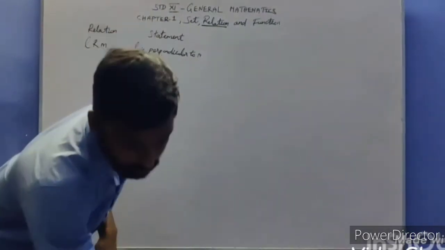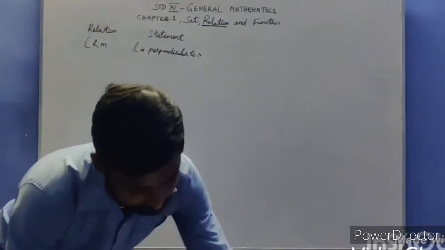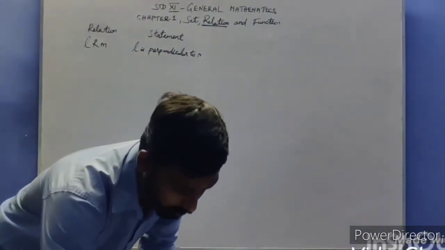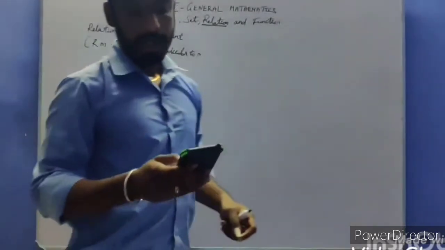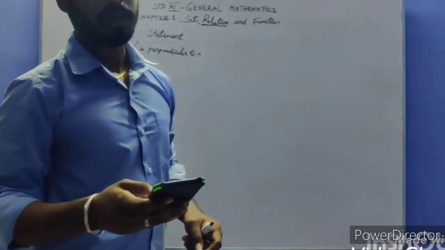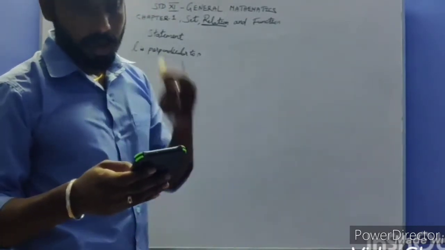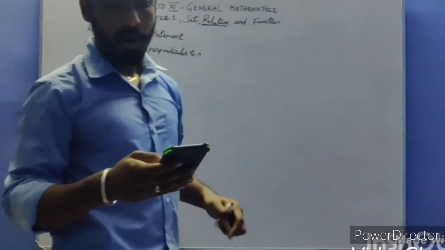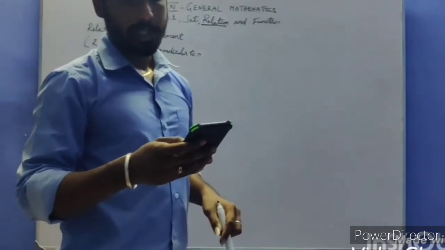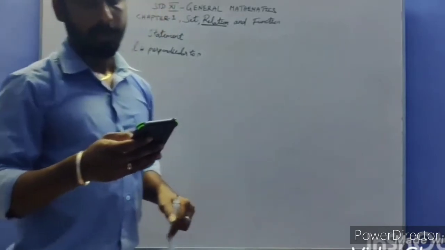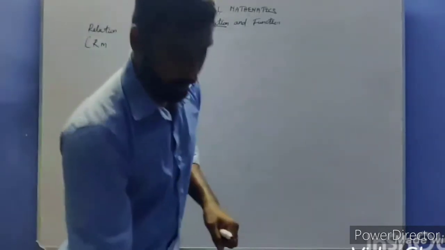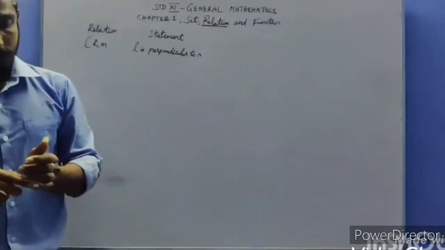What is the question they are giving here? Let's read the question. Let A be the set consisting of all members of a family. The relation R is defined by A related to B if A is not a sister of B. So what is the condition they are giving here?